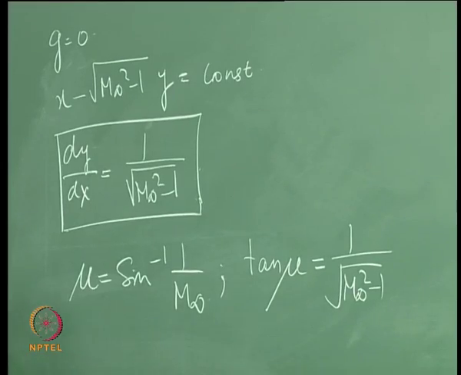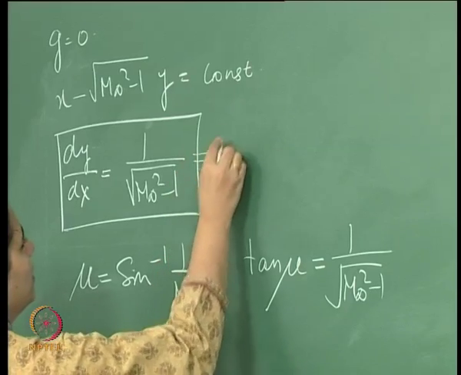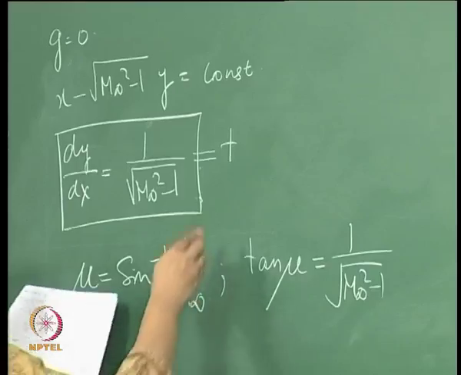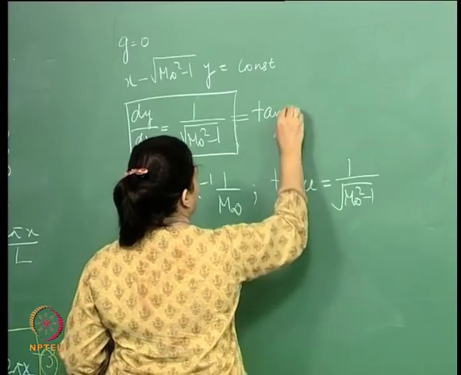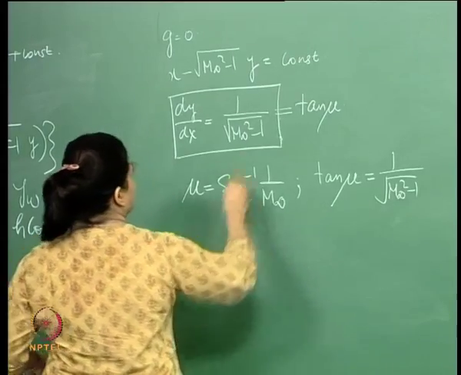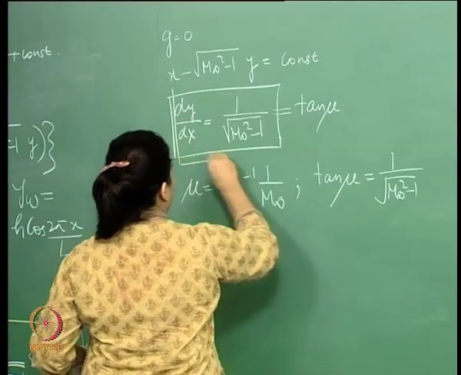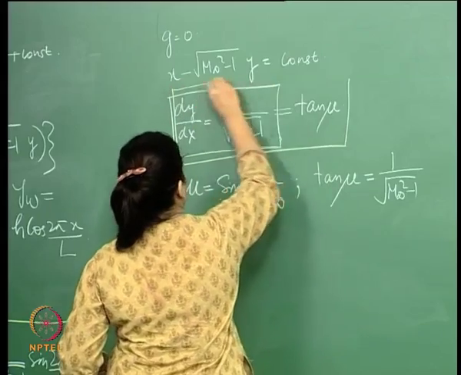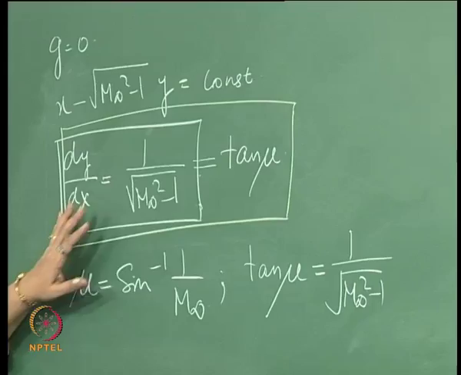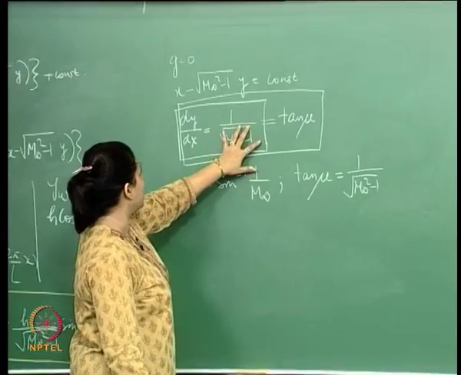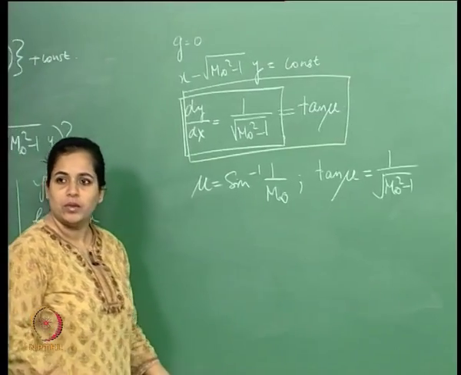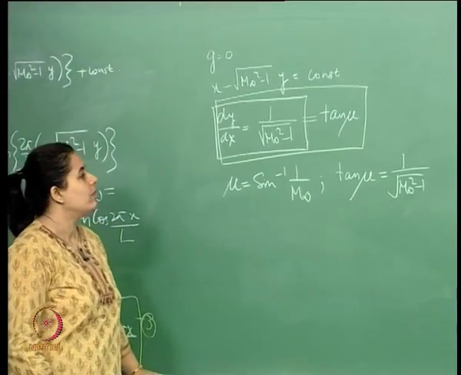So therefore what we can say is that dy by dx is also equal to tan mu. Let us box the entire thing. So dy by dx is given by this, and the slope is also equal to the tangent of the Mach angle.